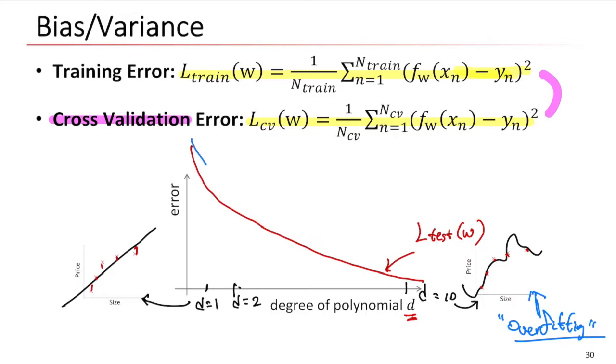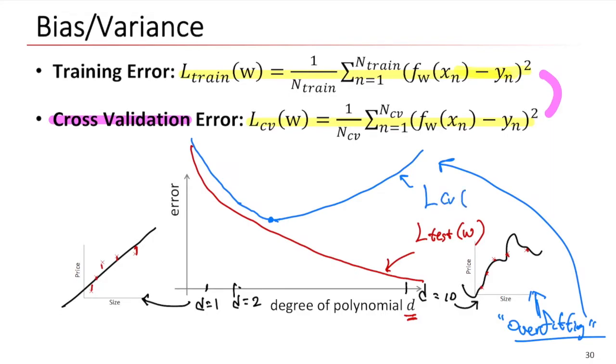As varying the degree of the polynomial, the cross validation error decreases, but after some point it will increase like this because of the overfitting problem. So let's say this is the cross validation error like this.